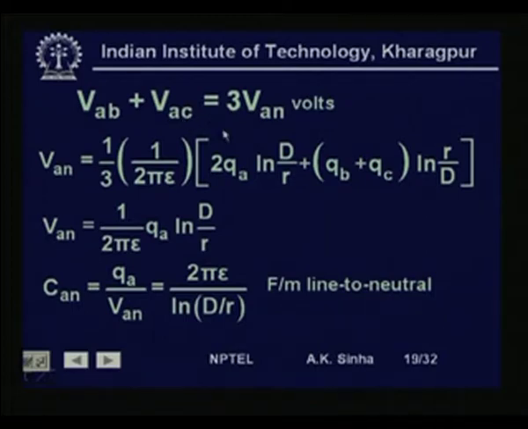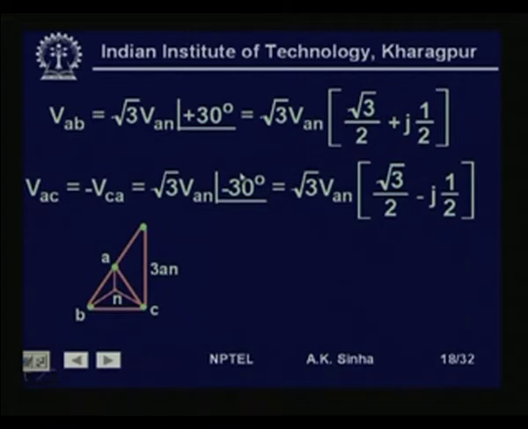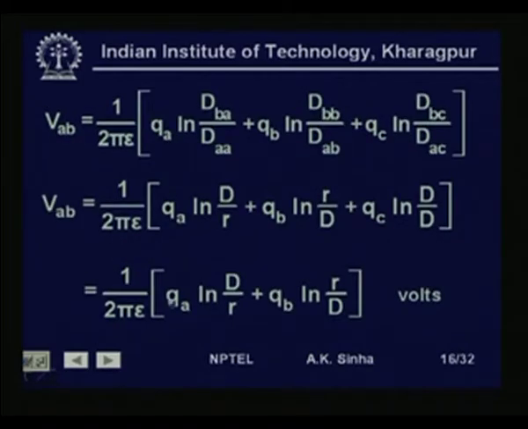So, substituting the values for VAB and VAC as we have calculated earlier, we will get this as 1/3 of 1 by twice pi epsilon into 2 times qA log n d by r plus qB plus qC log n r by d. That is, VAC is qA log n d by r plus qC log n r by d, and VAB is 1 by twice pi epsilon qA log n d by r plus qB log n r by d.